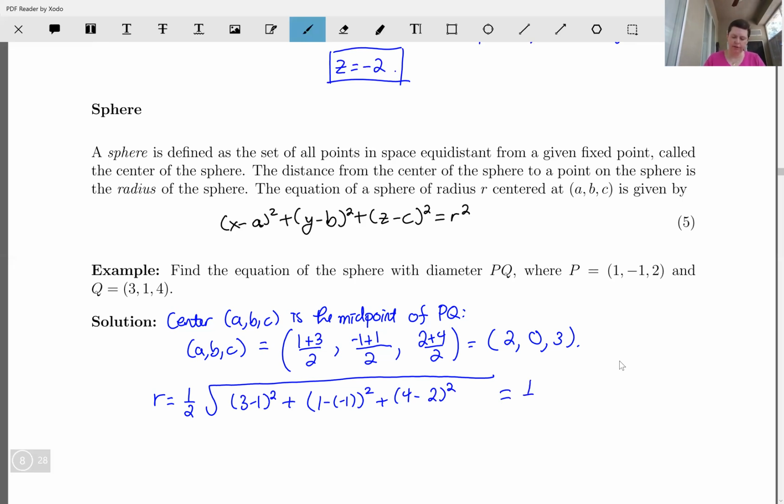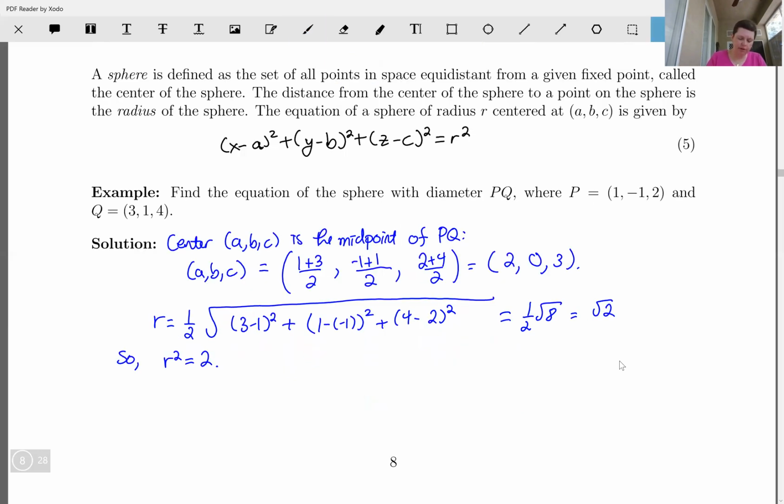Okay, so if you do all the work, you get that that's 1/2 times square root of 8, which is just square root of 2. So r squared, which is what we need for the formula, is going to be square root of 2 squared, also known as 2. And our equation of the sphere is going to be as follows.